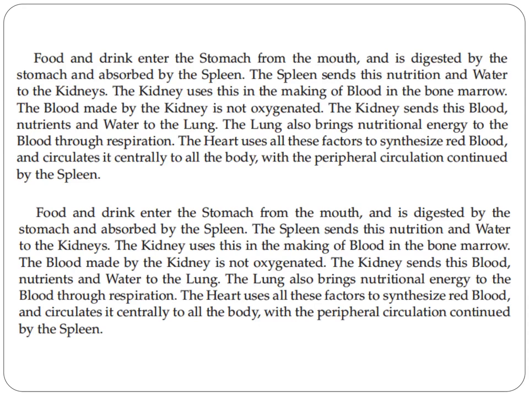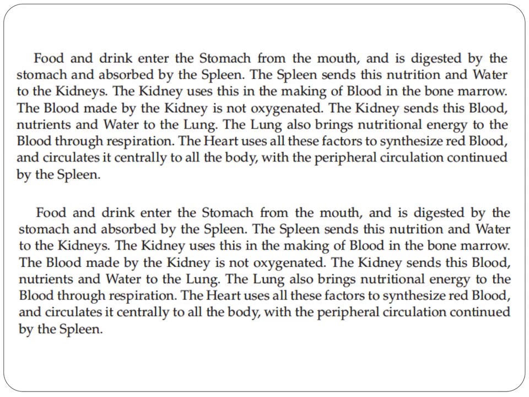The blood made by the kidney is not oxygenated. So the kidney sends this blood, the nutrients and water, to the lung. The lung also brings nutritional energy to the blood through respiration. The heart uses all these factors to synthesize red blood and circulates it centrally to all the body, with the peripheral circulation continued by the spleen.